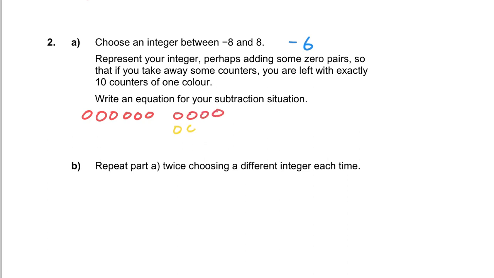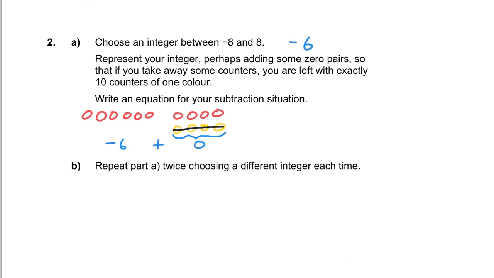But again, I want to represent only negative 6, right? This is like saying negative 6 plus 0. All of this is 0. All of that is 0. So negative 6 plus 0, we still have negative 6. Now, when I take away 4, I'll be left with negative 10.